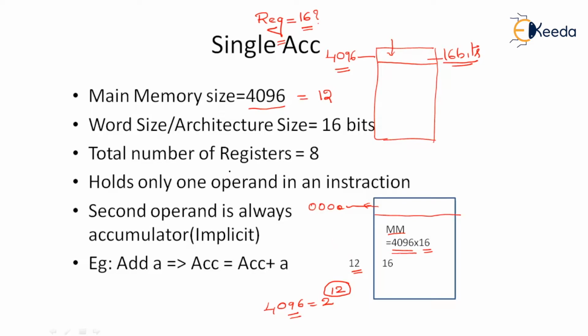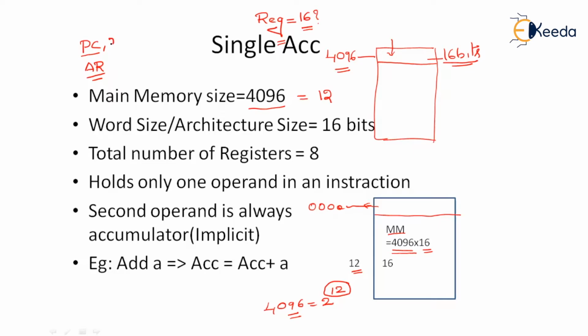Now if you look at the registers, some of the registers will only hold addresses, right? Let us say there is the program counter. The program counter holds an address, and there is an address register. The address register also holds an address, right? The program counter holds the address part of the next instruction, and the address register is going to hold any address that is needed to communicate with the main memory.